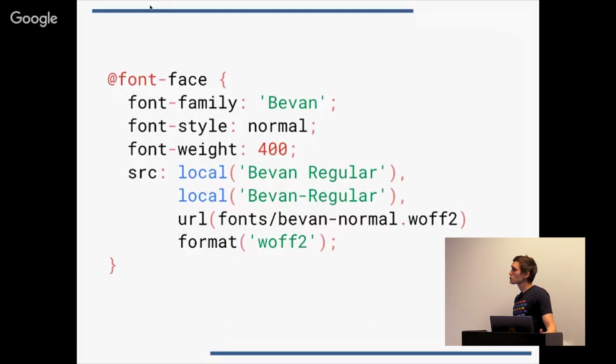Because what happens, down in the code, is that style sheet links to a bunch of different font-face rules, where I say the font family name is Bevan, its style is normal, it has a 400 weight, which also means normal. The local rule is also something really cool that I discovered by looking through this.